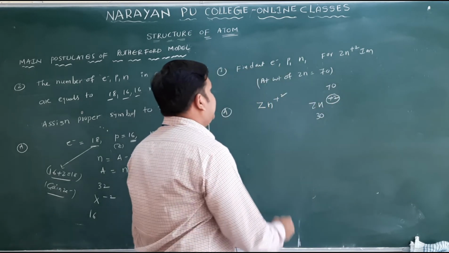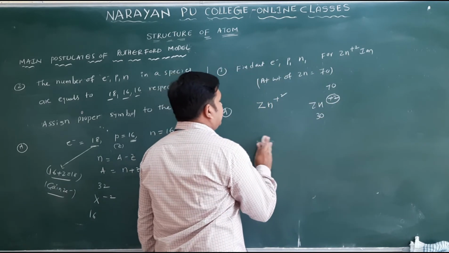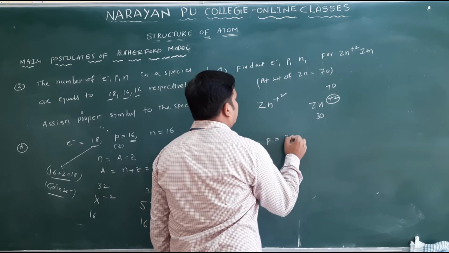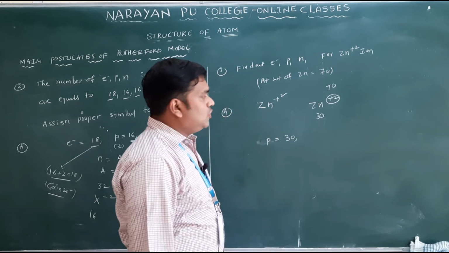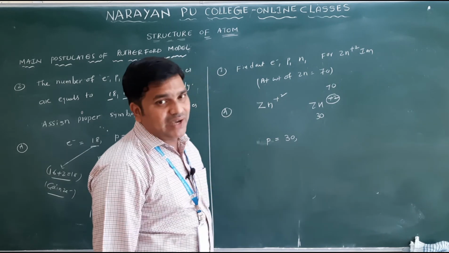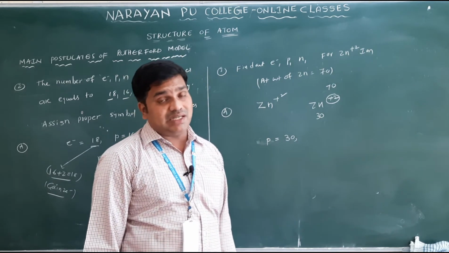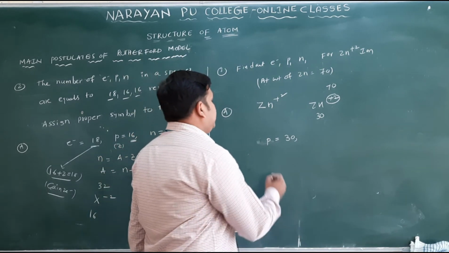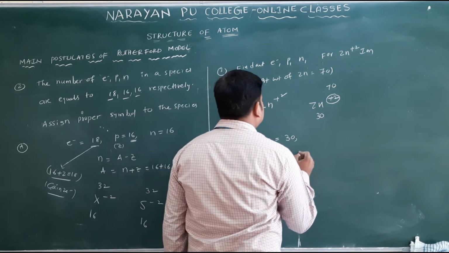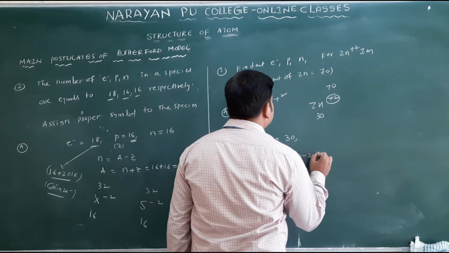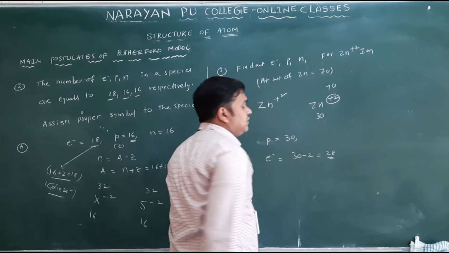From this I will first write protons. Protons is equal to 30. Zinc has a positive charge of plus 2, so it lost 2 electrons. So electrons I will write: 30 minus 2, that is equal to 28.